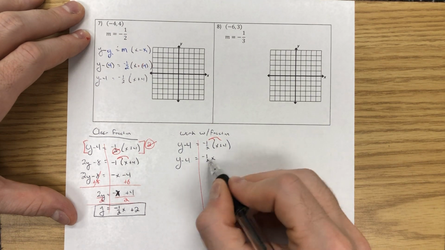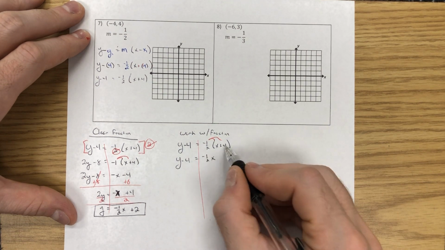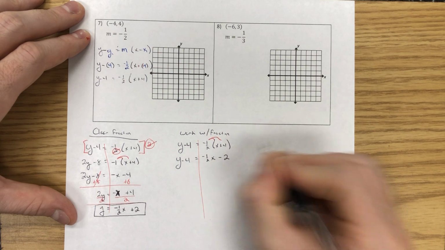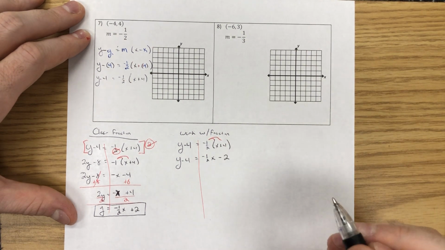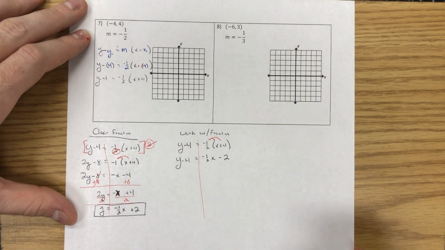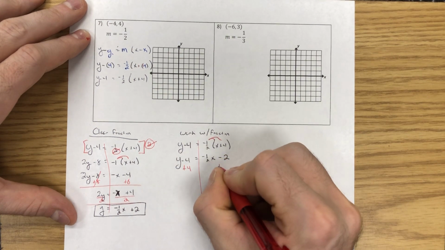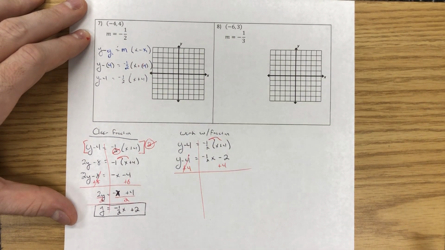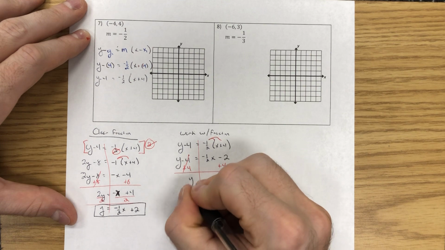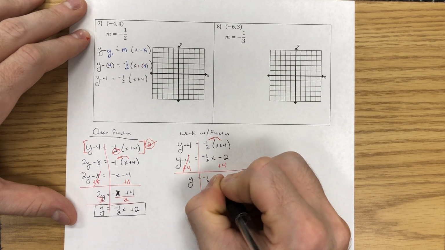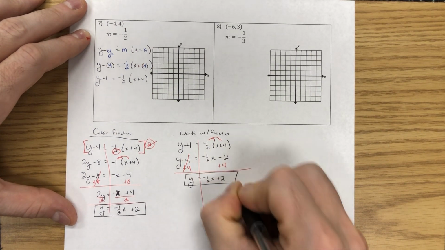Don't need to worry about what this works out to. I'm just going to leave it. But half of 4 is 2. Positive, negative, makes a negative, which allows me, in a much shorter way, to isolate my y.